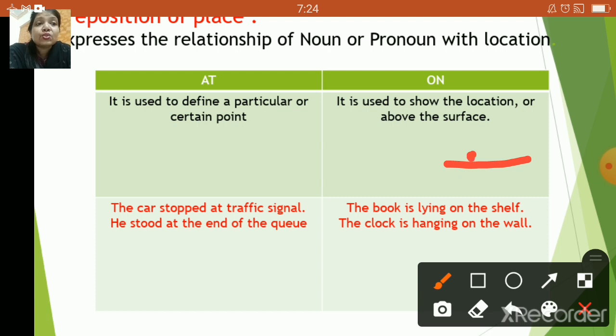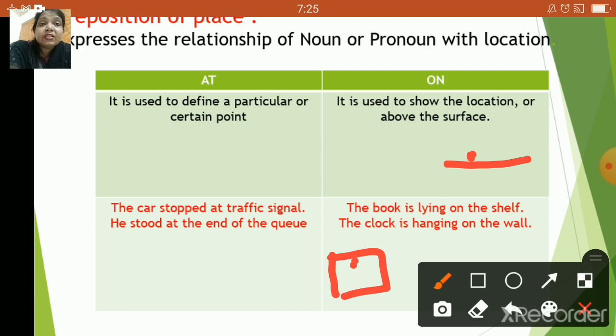Okay, so this is how, when something is been specified about a location or something is above the surface, that means we have to use the word on. Now the next one is the clock is hanging on the wall. Now for example, this is the wall, so the clock is hanging on. Okay, so we have to use the word on the wall. The reason is it is showing us the location or about the surface, right?